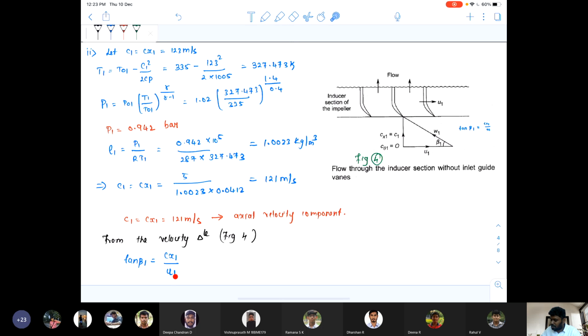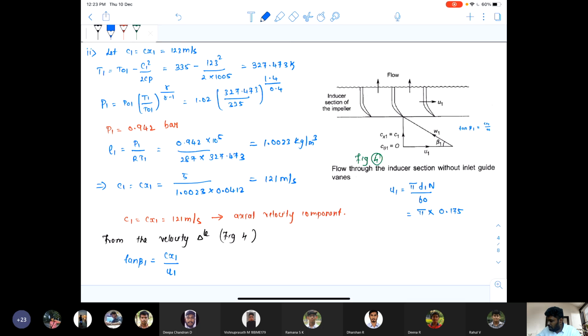We know that u1 is equal to pi d1 n divided by 60. We know this formula for peripheral velocity, and on substituting that, the value is pi into the value of d1, which is 0.175.